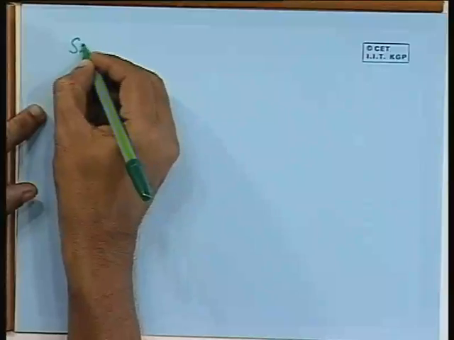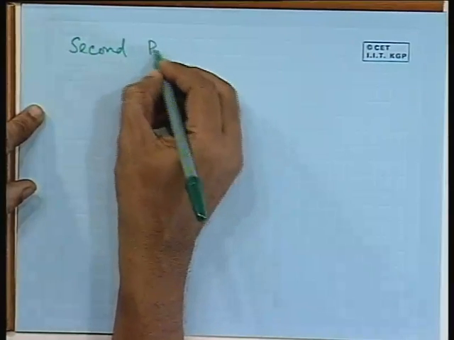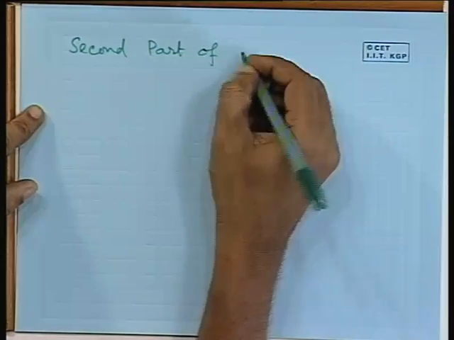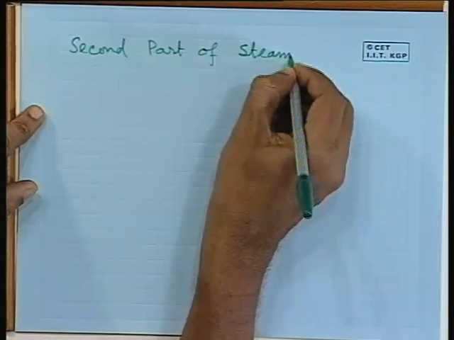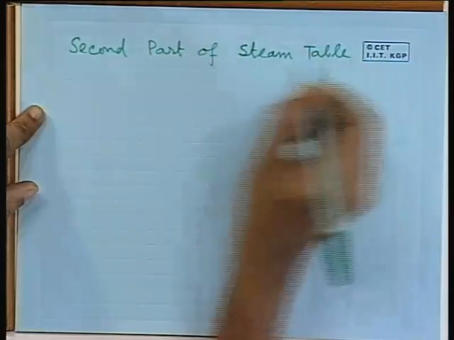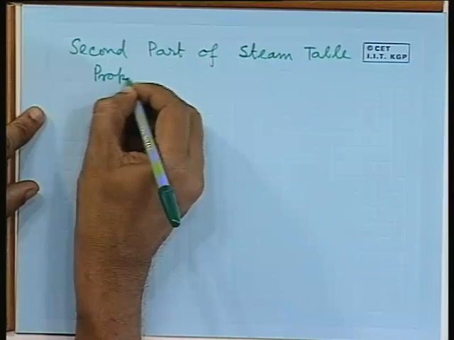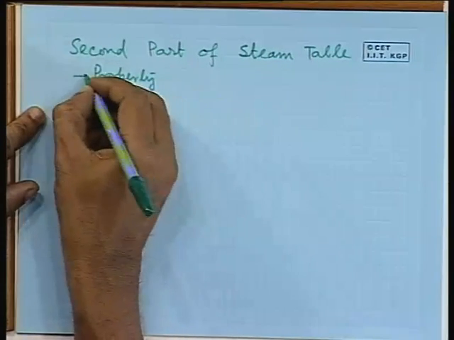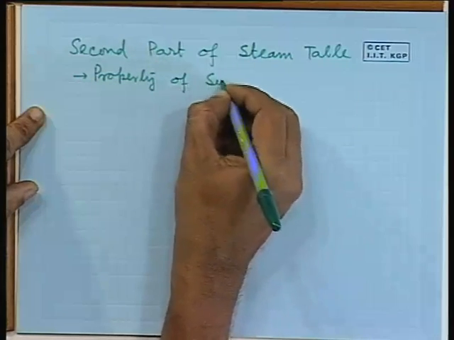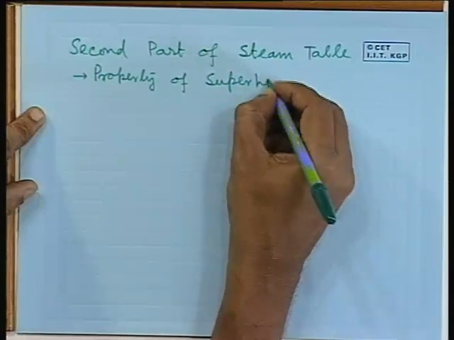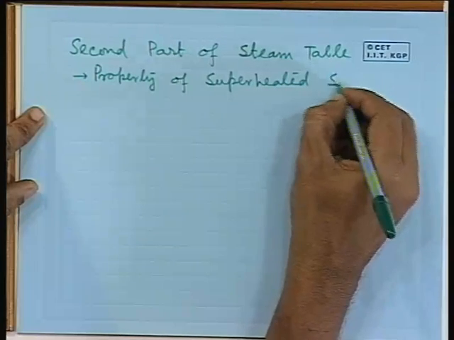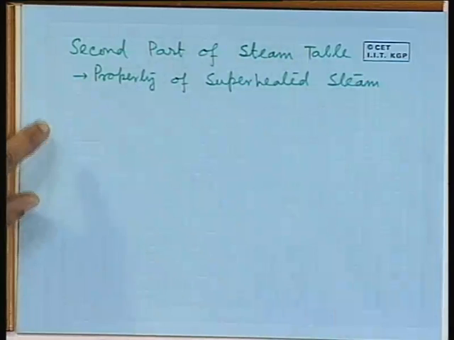The second part of the steam table gives you property of superheated steam. Again, they are functions of pressure and temperature, and it is generally tabulated in this form.